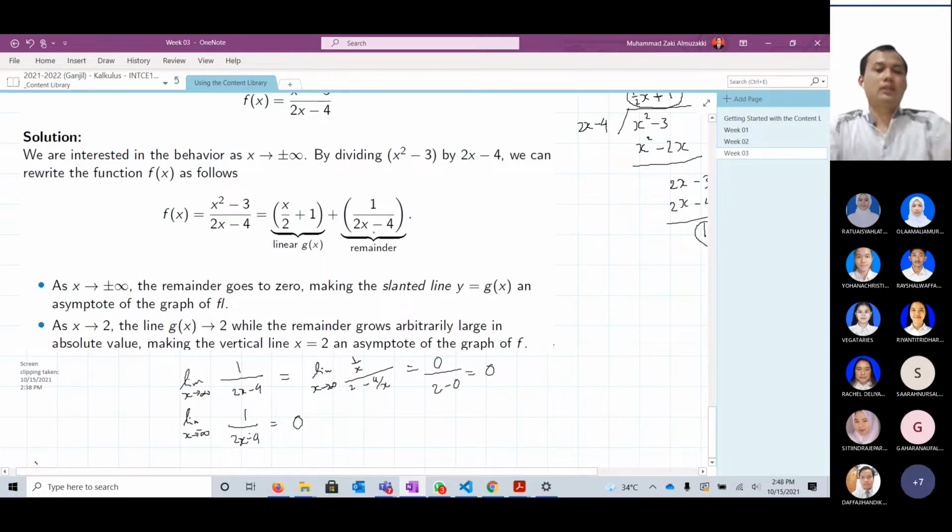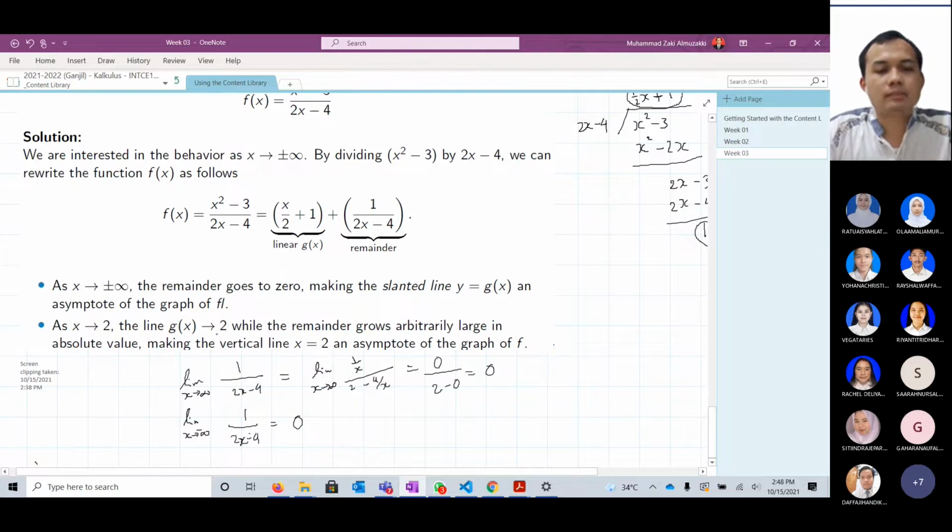Jadi saat x-nya menuju 2, bagian yang linear ini akan menuju nilai tertentu. Betul nggak? Saat x menuju 2, kita punya 2 dibagi 2 tambah 1 adalah 2. Oke, bisa dipahami yang ini?